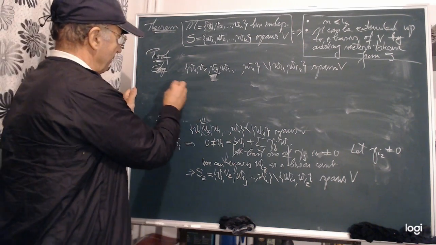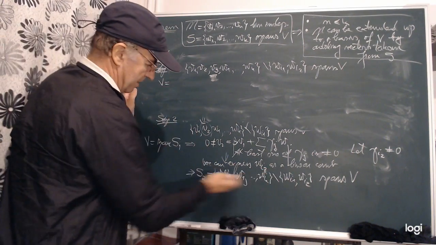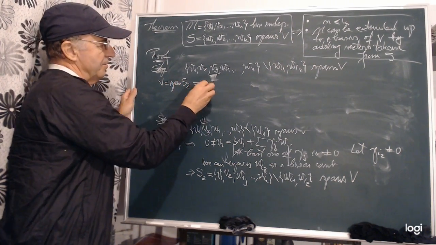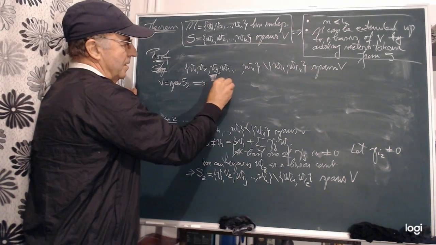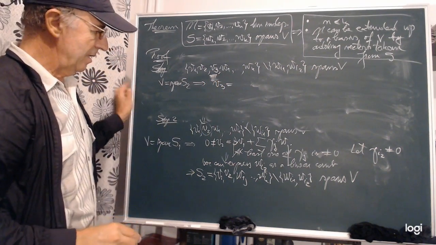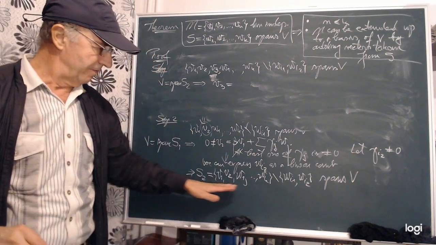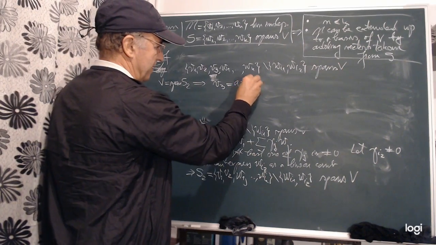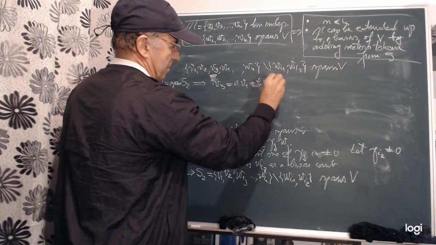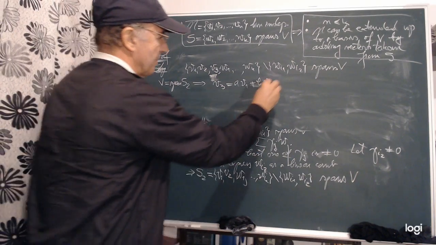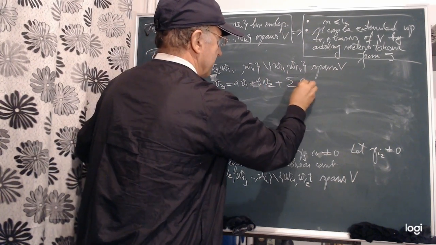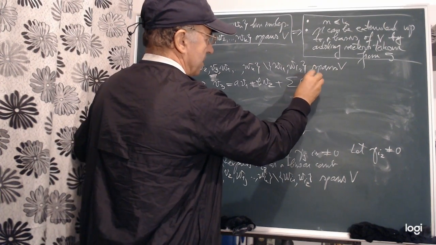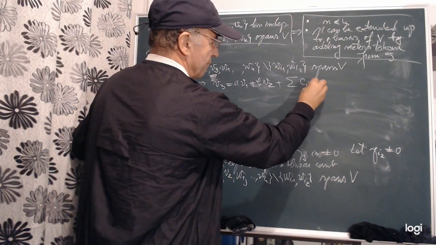But V is the span of S2, and from this we get that V3 will be a linear combination of these vectors. Let it be a V1 plus b V2 plus the sum of ci Wi.